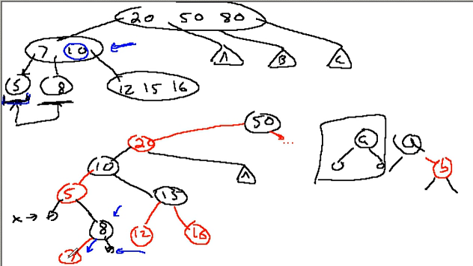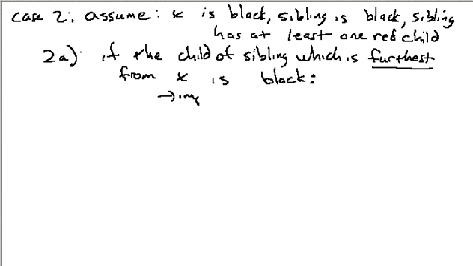If this had been flipped around the other way, then this would have been the child furthest from x, and this would have been the one closest to x. So if you're actually going to code this, you have to realize that depending on whether x is to the left or right of 8, you have to decide what direction to deal with. But that's why I'm speaking in these generalized terms here.